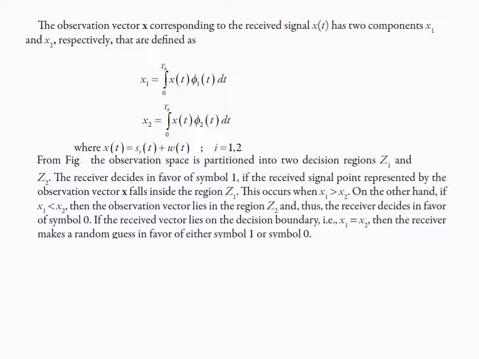So x1 is equal to the integration from 0 to Tb of x(t) phi1(t) dt. x2 is equal to the integration from 0 to Tb of x(t) phi2(t) dt. Okay, so from where did we get this observation vector x? From the received signal x(t). As we know, whenever signal Si(t) goes through the channel, noise gets added to this signal, right?